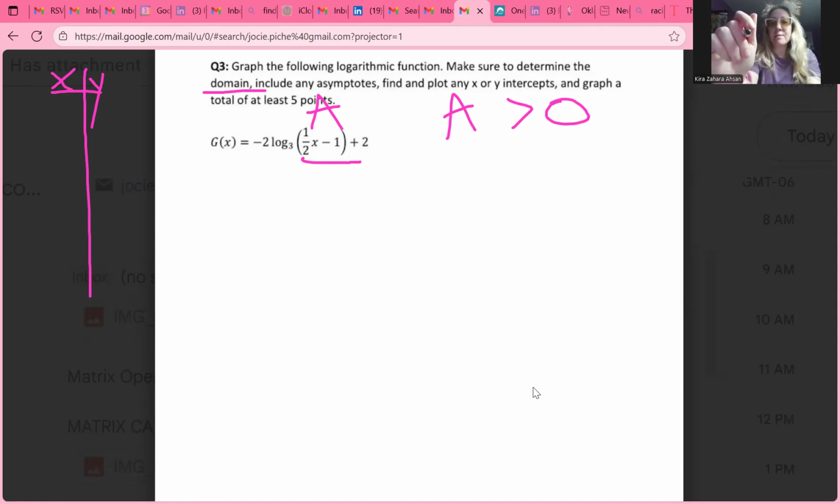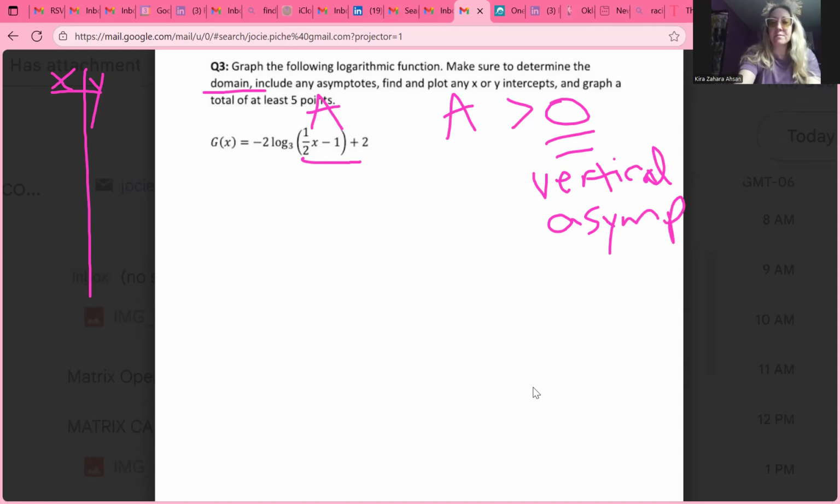And another thing you need to memorize is that whatever this number is becomes the vertical asymptote. So instead of being allowed to equal that number, it becomes an asymptote. And that is just something you want to memorize about what happens when you solve logarithms or when you try to graph them. Asymptote.